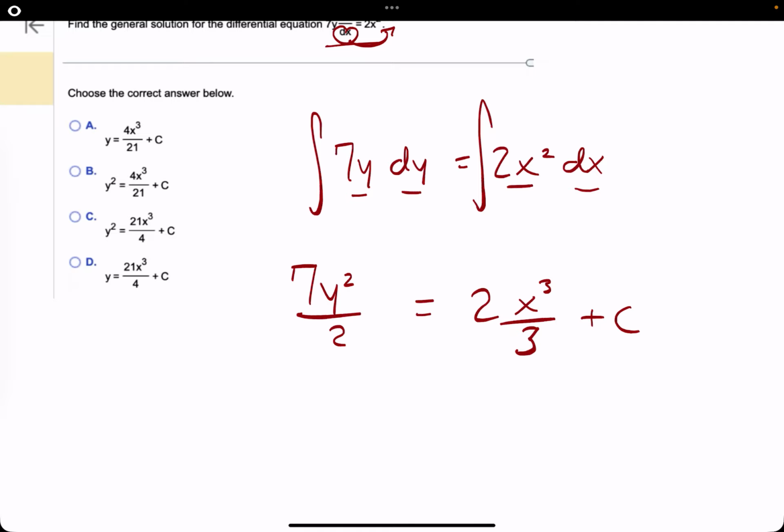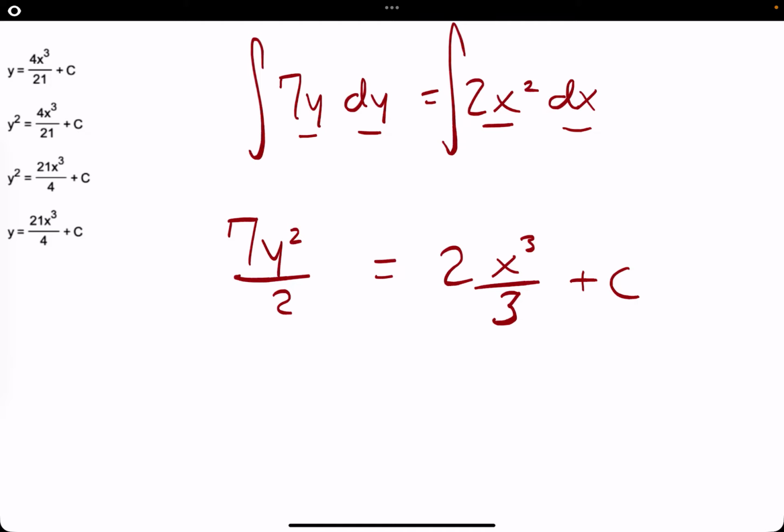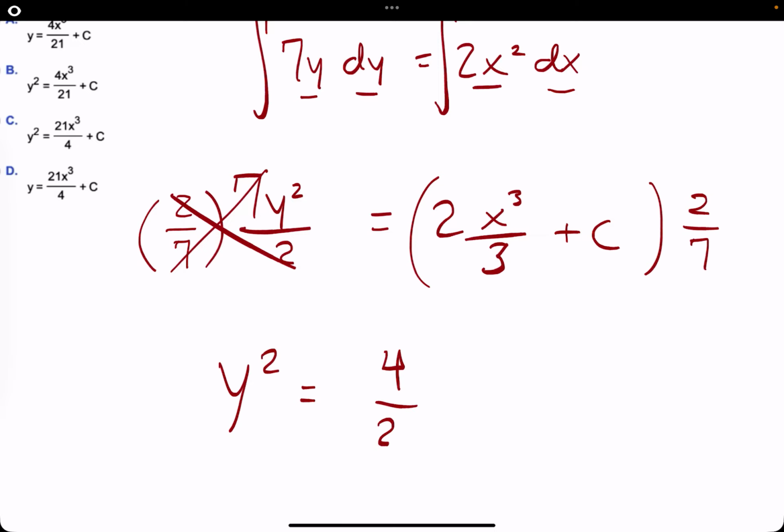I'm guessing it's just y squared since we don't see any square roots. So how do we get y squared by itself? We're going to multiply by the reciprocal, 2/7. Multiplying this whole side by 2/7 cancels out that, so we'll be left with y squared. Then 2 over 3 times 2 over 7 is 2 times 2, which is 4, and 3 times 7, which is 21x cubed.